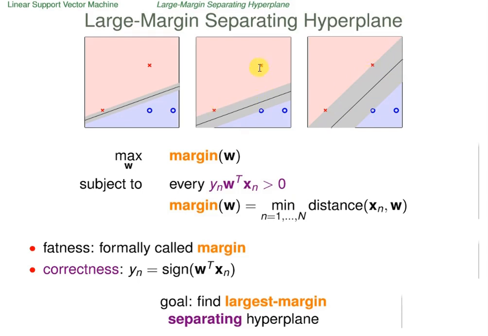For example, in this case, the nearest data point would be one of two, or two of them. So now we need to become familiar with the geometry of hyperplanes, in particular, how to compute the distance from data points to the hyperplane.